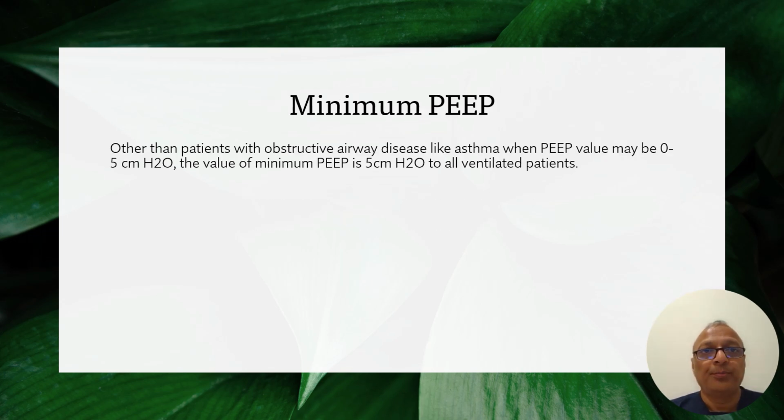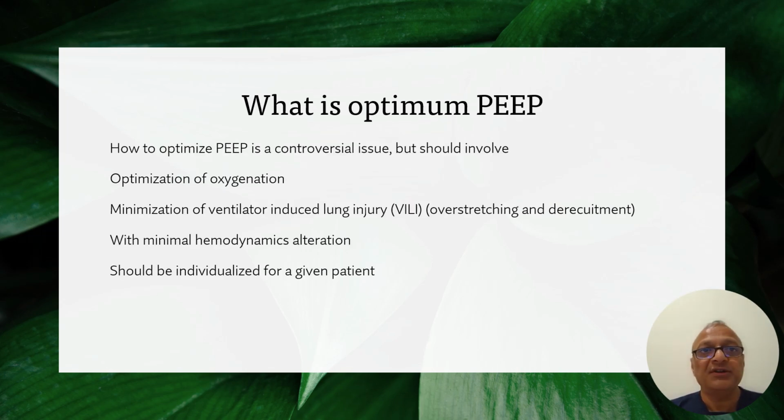The value of minimum or initial PEEP is 5 cm of water for all ventilated patients, barring patients with obstructive airway disease, where the initial value may vary between 0 to 5 cm of water. Optimizing PEEP is a controversial issue but should involve optimization of the oxygenation with minimal or no alteration in cardiac output or blood pressure.